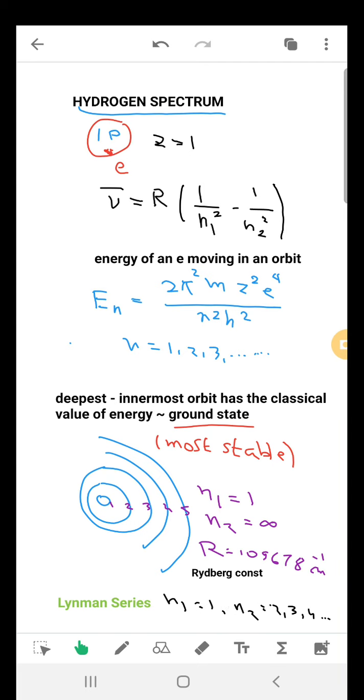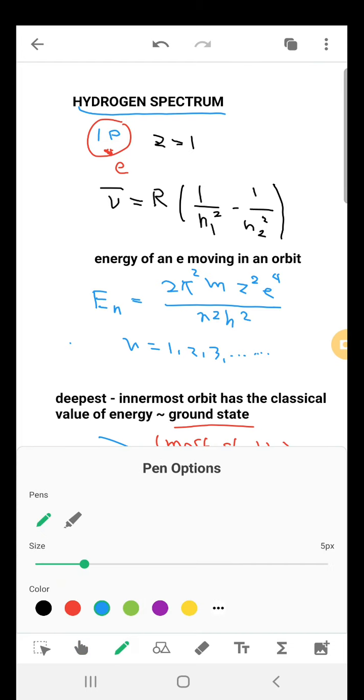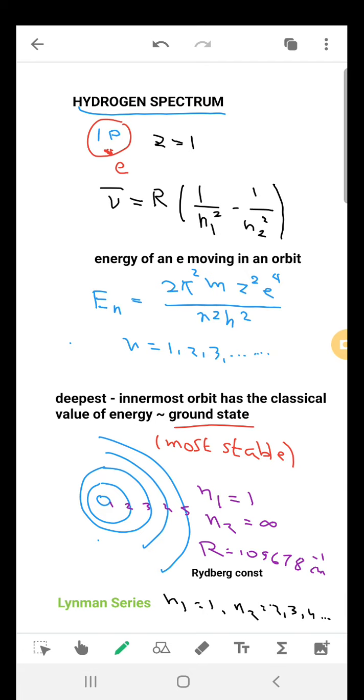If this is the ground state, n equal to 1, the excited electron can come from the second state to the ground state, from the third state, from the fourth state and the fifth state. All these lines form the series called the Lyman series.